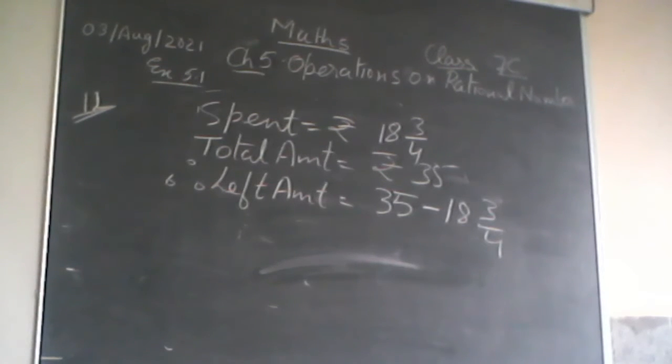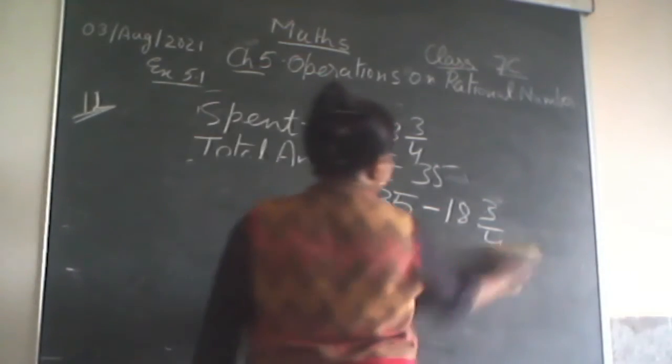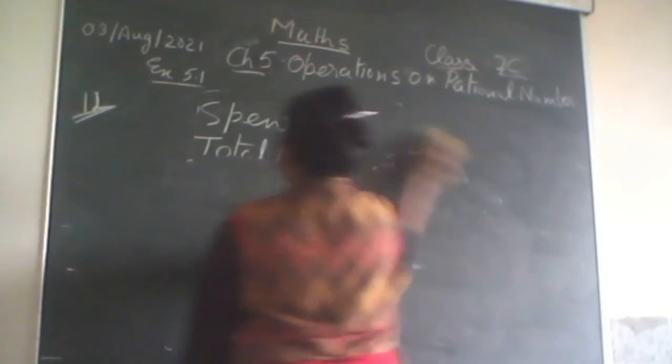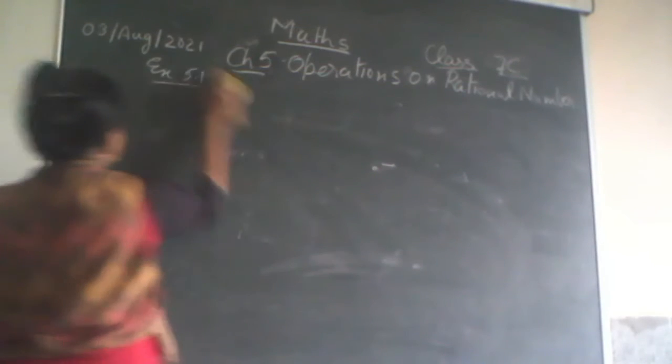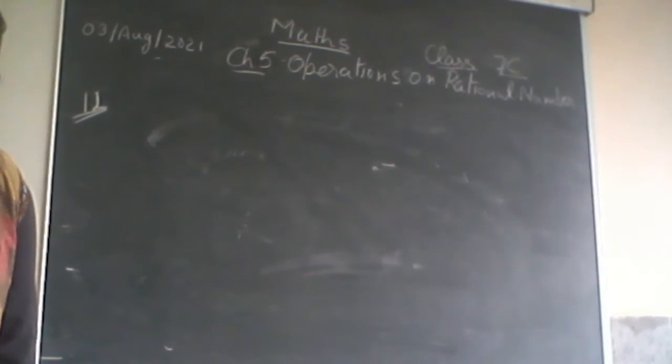Okay. Now let's move to the next concept. Can I move to the next concept? Multiplication and division. So please open exercise 5.1 so that I can take a question and solve for you. So that we can take a question and with that help we can solve. Right? It will be better, no?